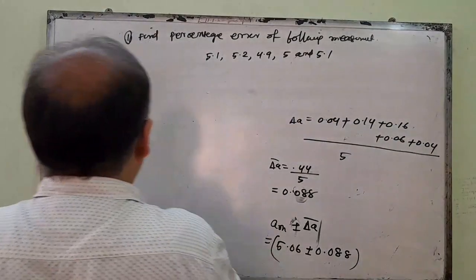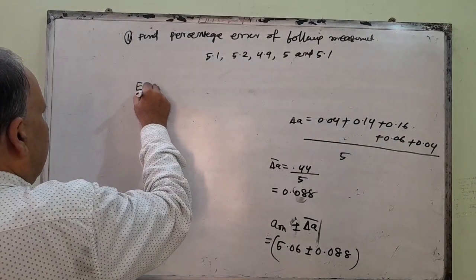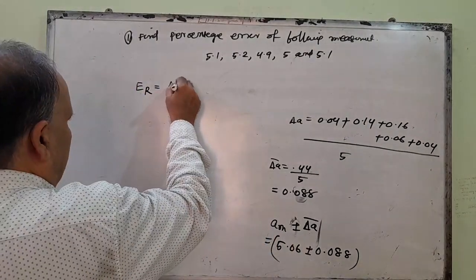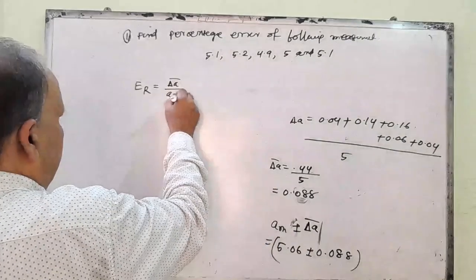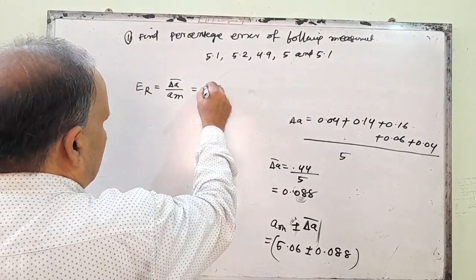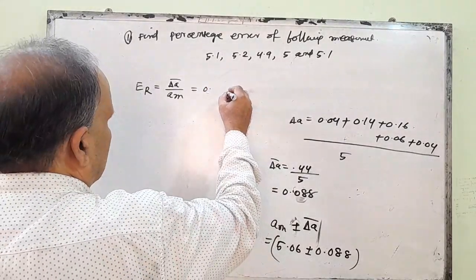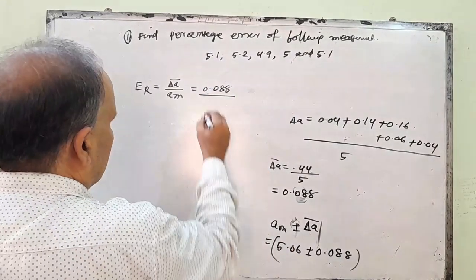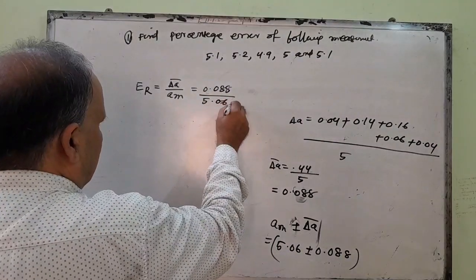Now again come to your relative error. ER is equal to what? Your delta A bar divided by AM, that is equal to 0.088 divided by 5.06.